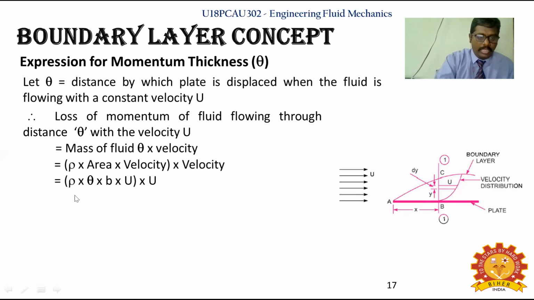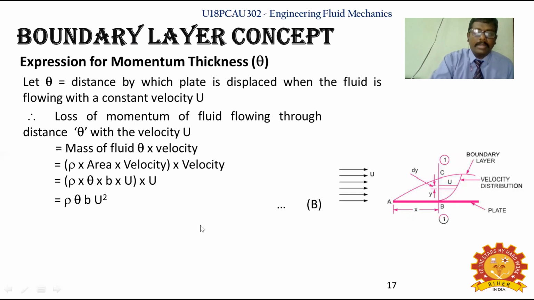Rho into area, where area is theta into b, momentum thickness into width. That is the loss of momentum for the momentum thickness multiplied by again the free stream velocity, so that you are getting the equation rho theta b U square. So now these two you have to equate.